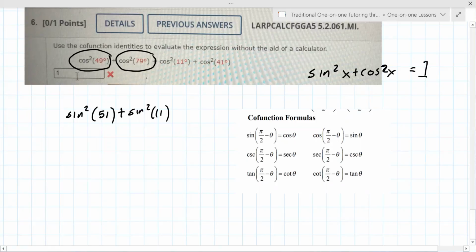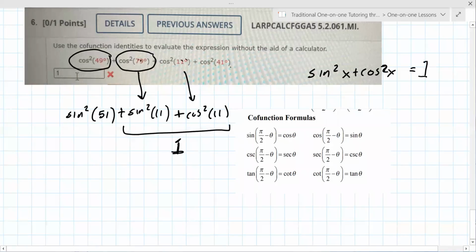Well, what you really want is the angle inside to match. If we can get that to match, that's really, really good. So see how this one became sine squared 11, and this one is cosine squared 11? These equal 1. They cancel, equal 1. Now this last one here could be sine squared of 49.